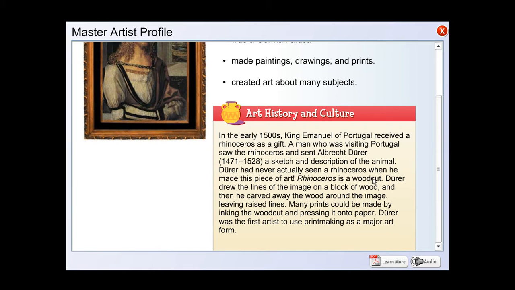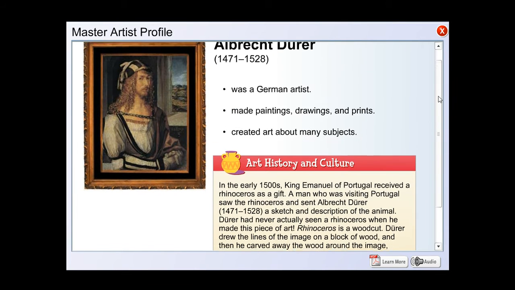Rhinoceros is a woodcut. Dürer drew the lines of the image on a block of wood, and then he carved away the wood around the image, leaving raised lines. Many prints could be made by inking the woodcut and pressing it onto paper. Dürer was the first artist to use printmaking as a major art form.